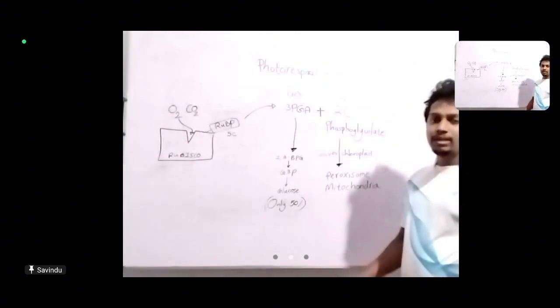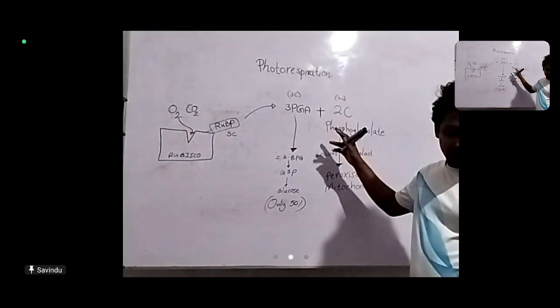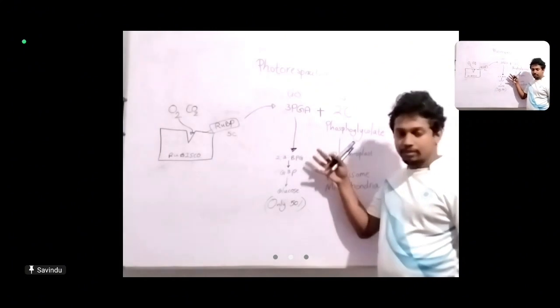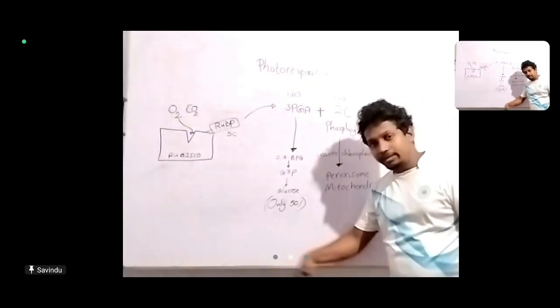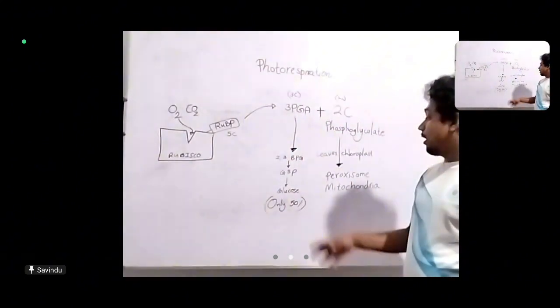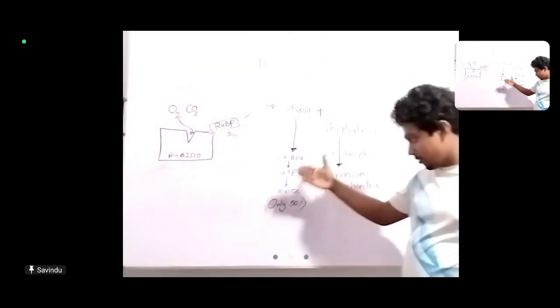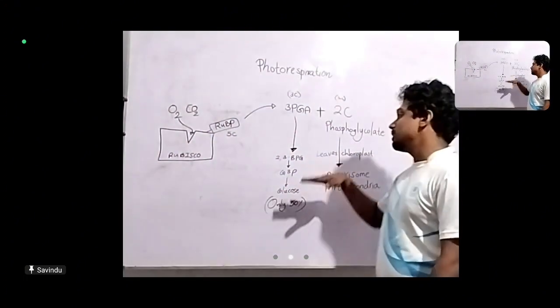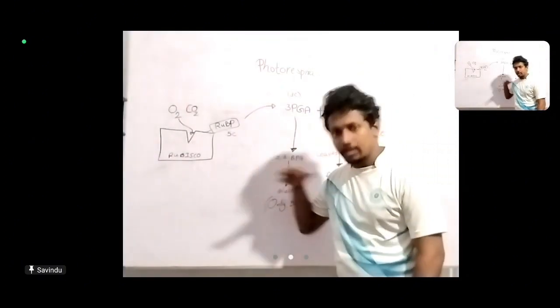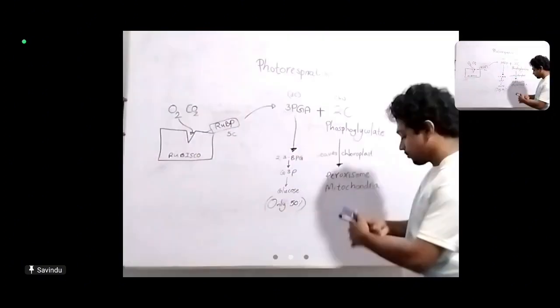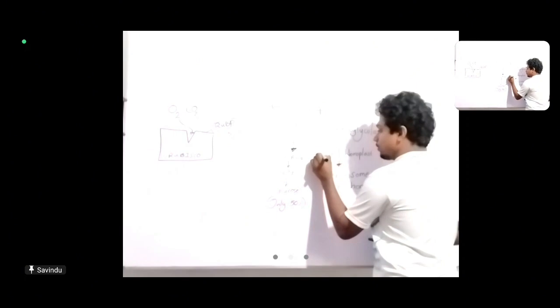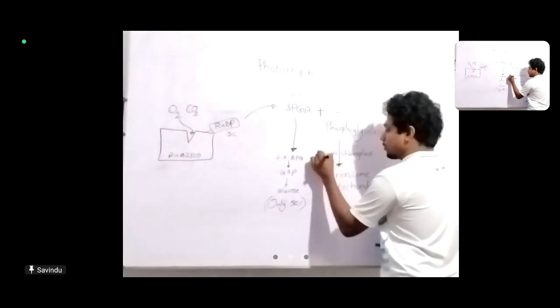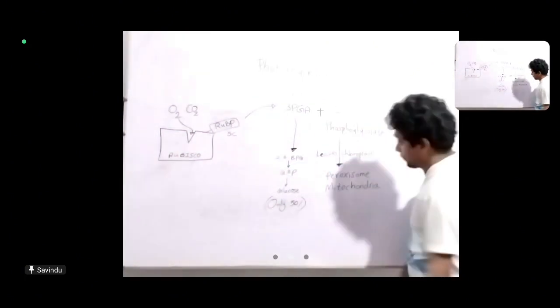So the net loss in glucose production is recorded. This is not a good thing actually.